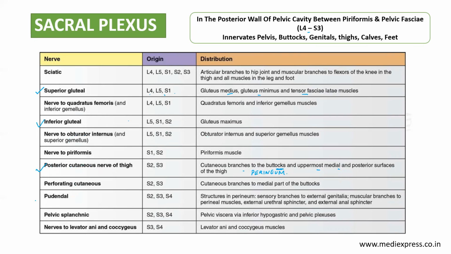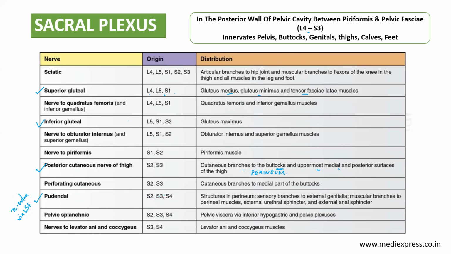The next important one is the pudendal nerve. Pudendal nerve also leaves via the greater sciatic foramen, but it re-enters via the lesser sciatic foramen.